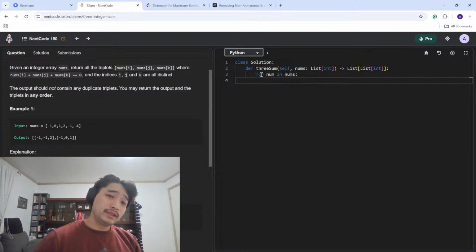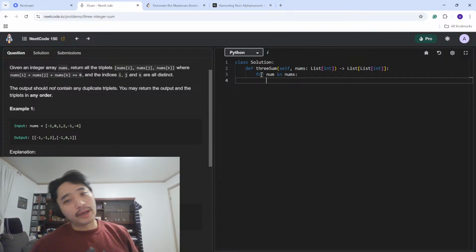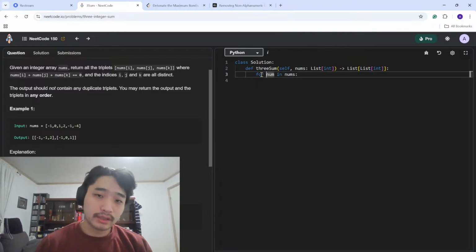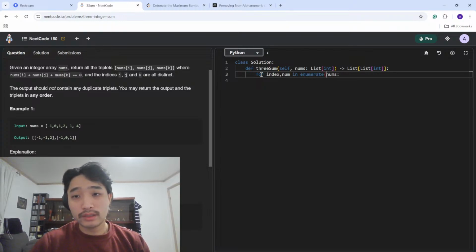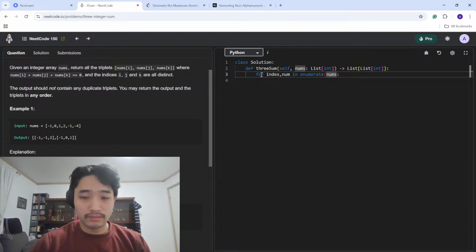Do I need to enumerate? Because I was thinking of splicing. I might actually do it. Okay, for index, num in enumerate nums.